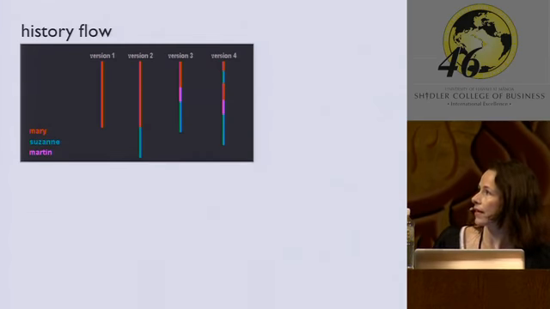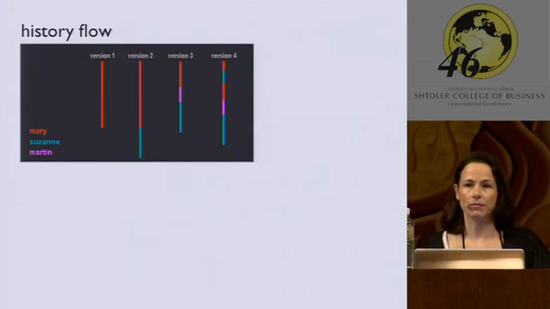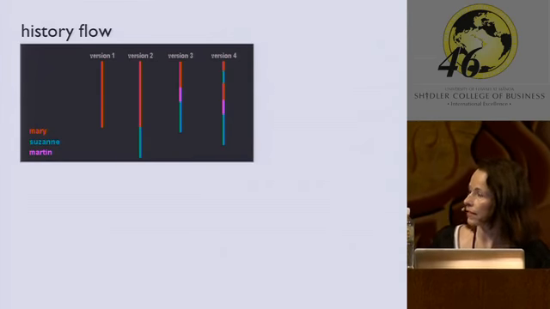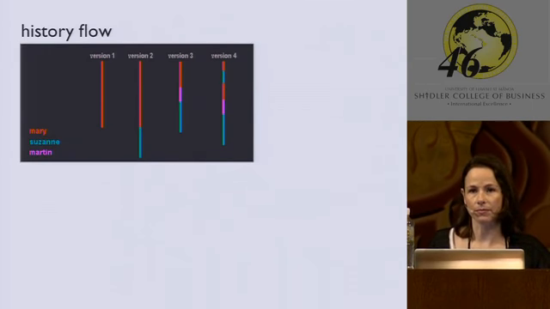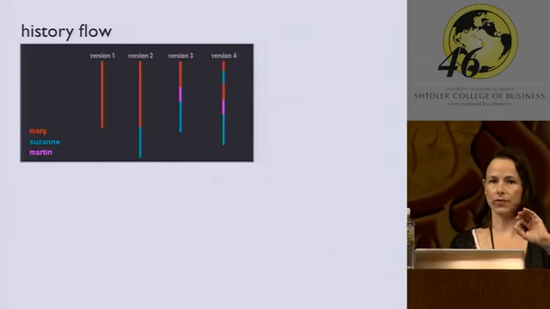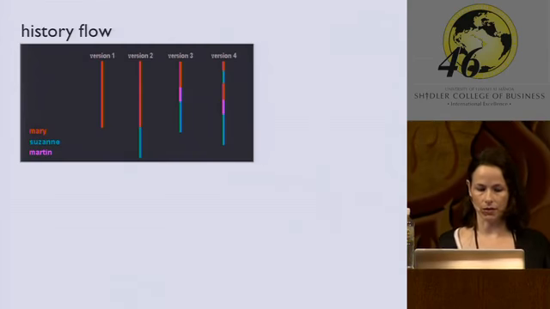Version 2, Suzanne comes along and says, this is great, but I want to add a paragraph to the end. So I have a little line there in blue, Suzanne's color, that's attached to the bottom, because it's at the end of the article. And so on and so forth. You see where this is going. Whenever we delete text, we shorten the line. Whenever we add text, we add depending on the location.